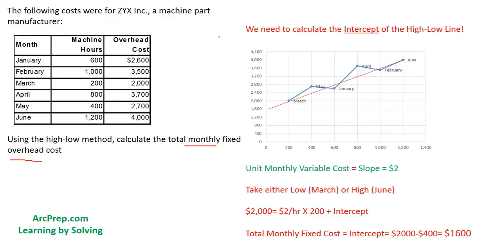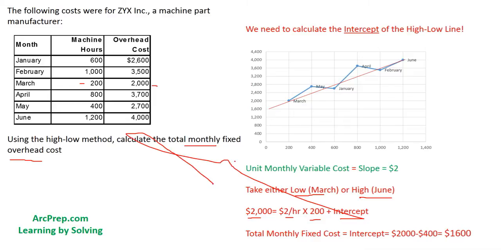I again have the same 2 points, and I'm going to take either the low point or the high point. It doesn't matter, it's going to give me the same number. For example, I'm taking the low point here: $2,000 is equal to the slope 2 times x plus the intercept.